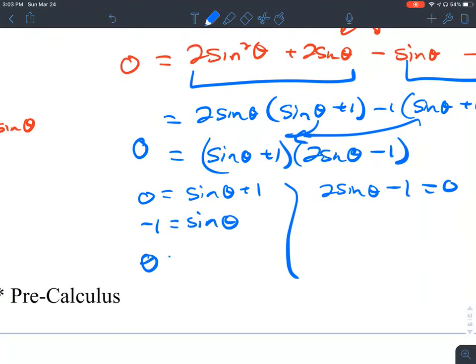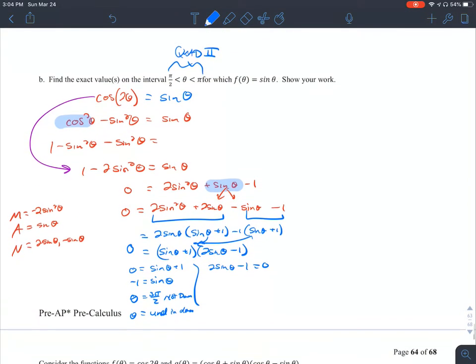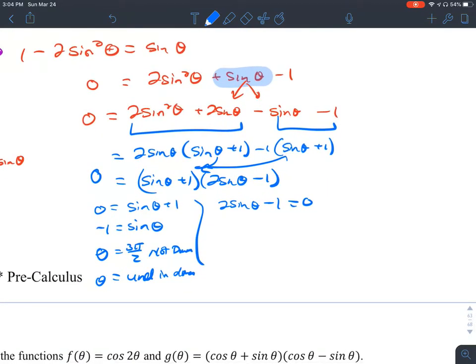That occurs on one revolution at 3 pi over 2, but that's not in the domain. So really I'm saying theta is undefined in the domain, because once again, it's got to be in quadrant 2. That's not in quadrant 2.